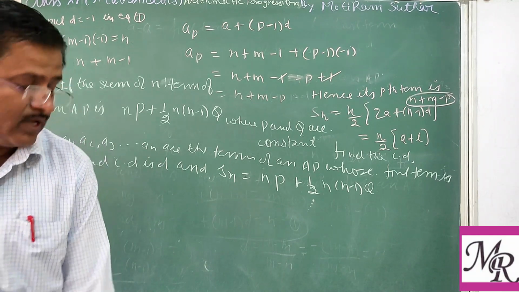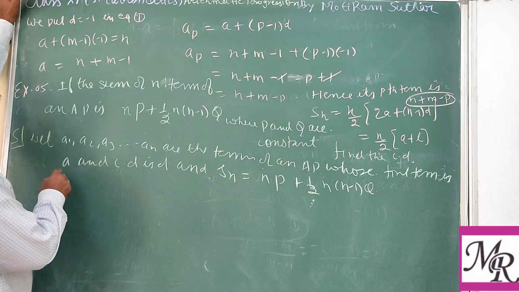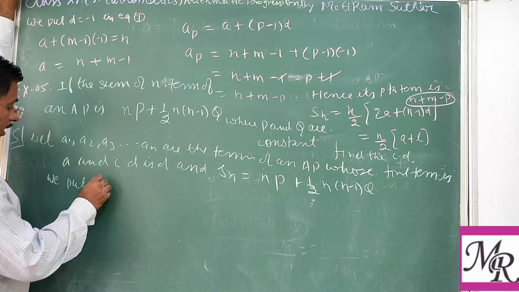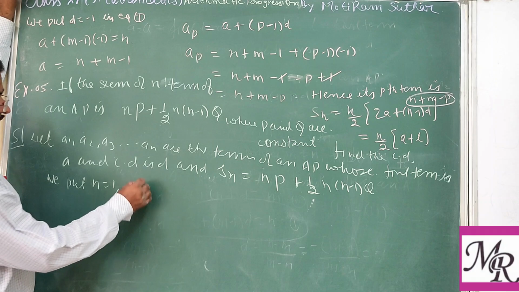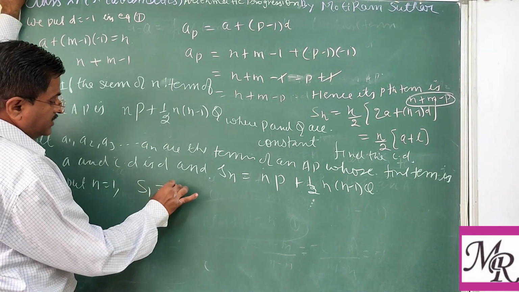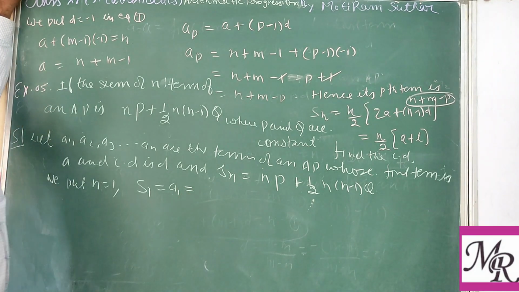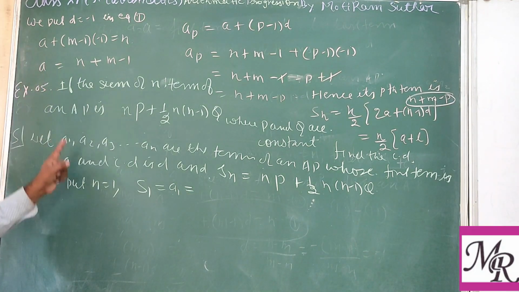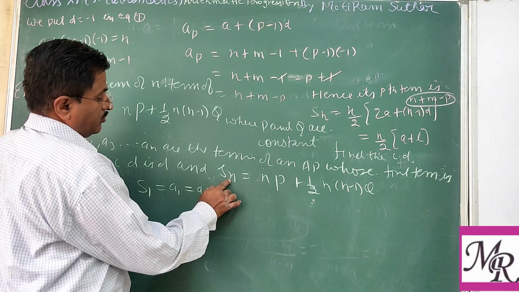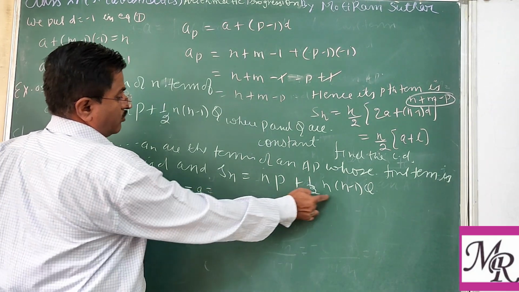Sn is given. Now we put n equal to 1. n equal to 1 means the sum of one term only, S1, which means the first term, that is A1, or you can say A. Here we put n equal to 1 on both sides.